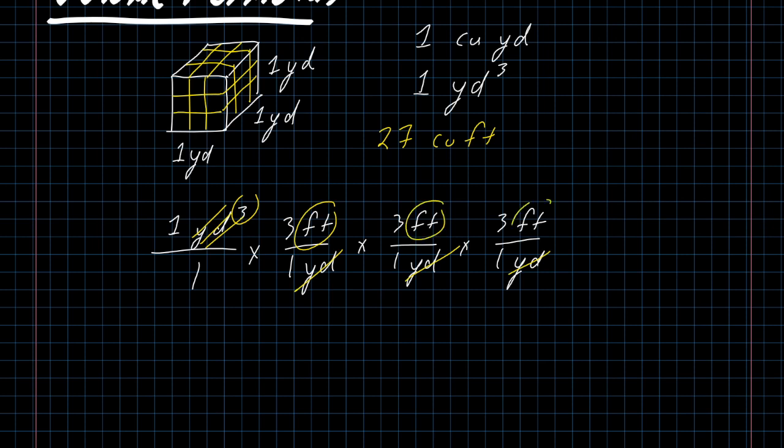When we do that, we get 3 feet times feet times feet, which will be feet cubed. We get 3 times 3 times 3, which is 27. So 27 feet to the third power, or 27 cubic feet.